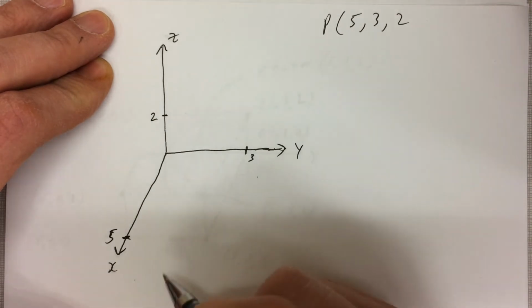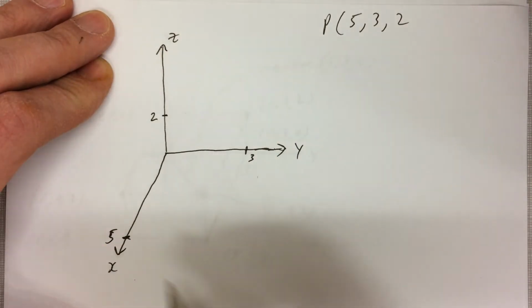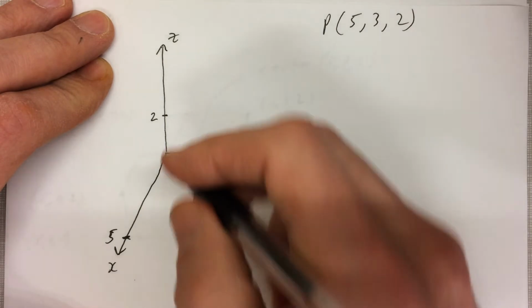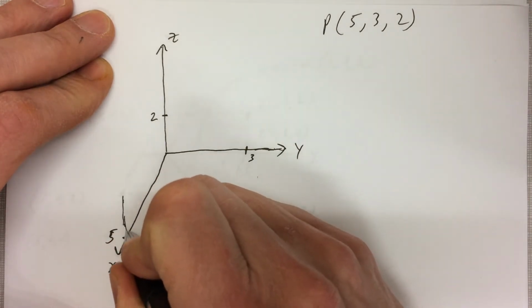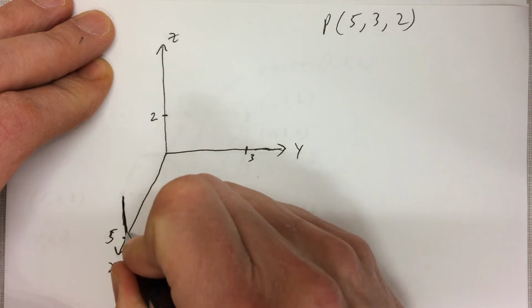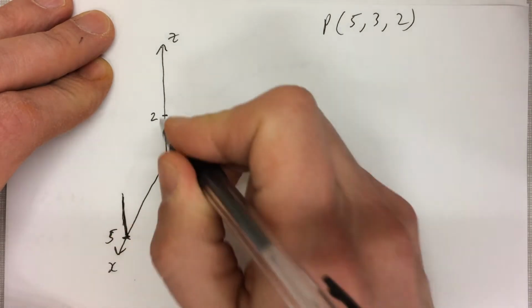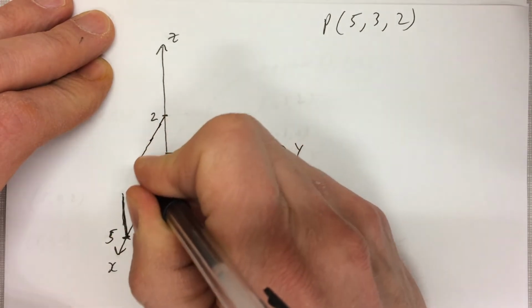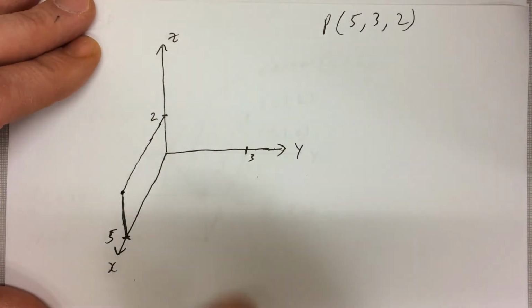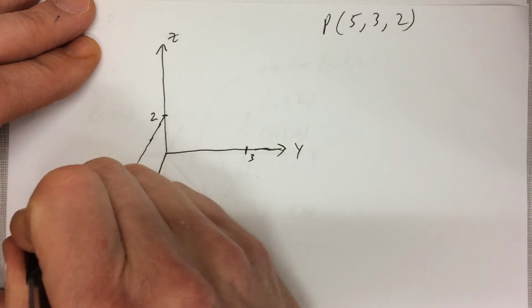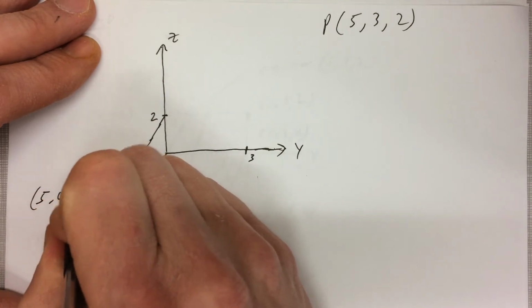Okay, so the first thing you want to do is draw the sides of a rectangular prism. So I'm going to make this side here, I'm going to draw that by going straight up parallel to the z-axis about 2 units, and then draw that across there, and that will give me a point called 5, 0, 2.